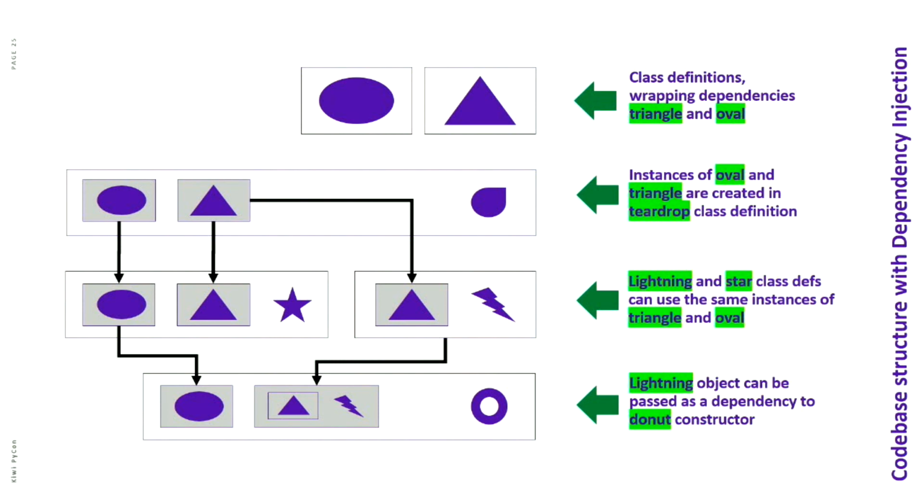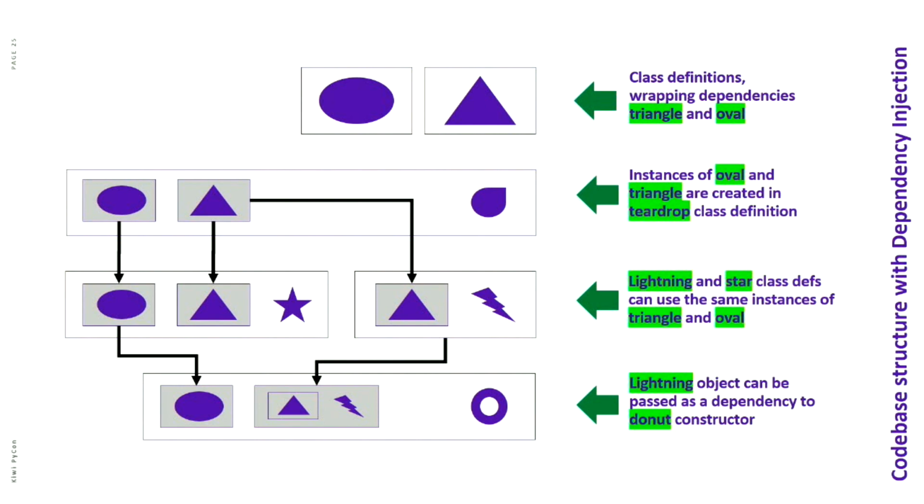And then to look at the next level, you can see that our lightning bolt class can then be injected further down the stack into the donut class here.